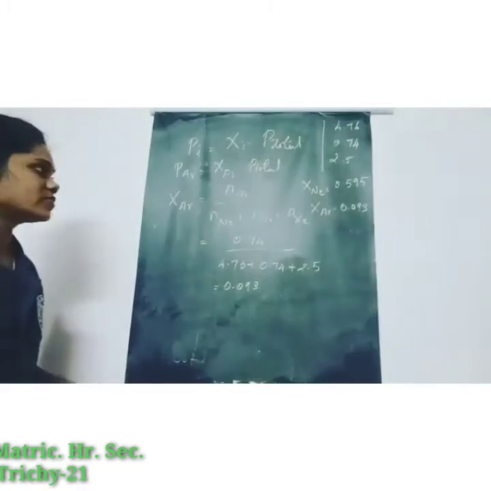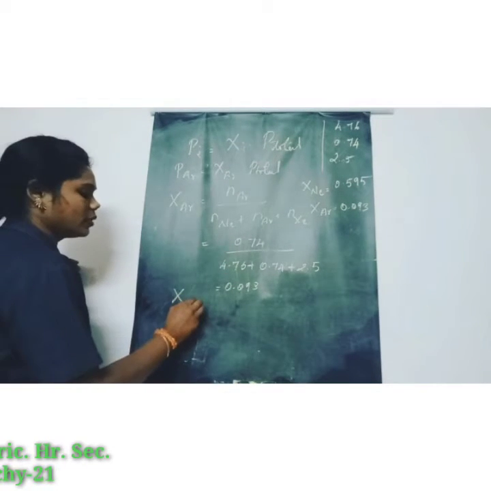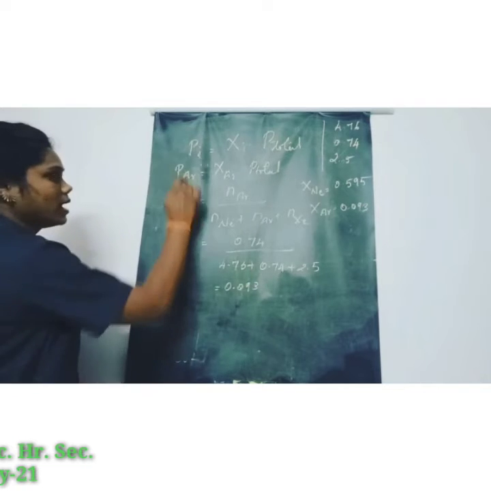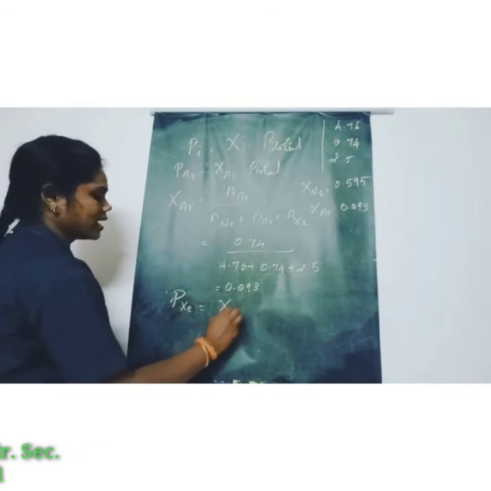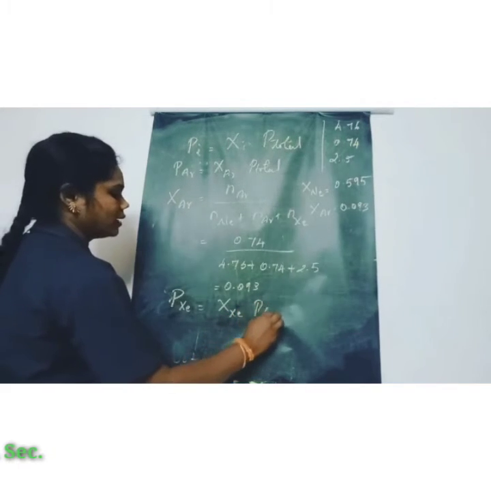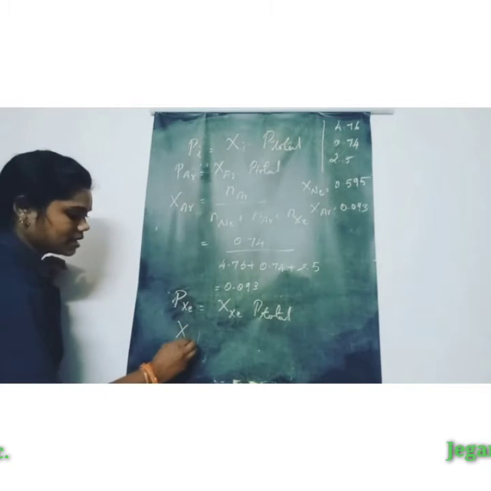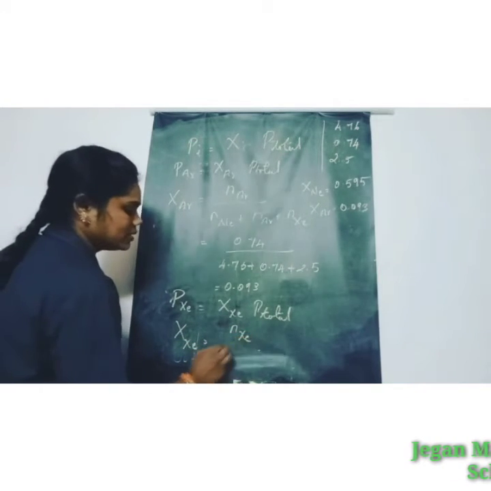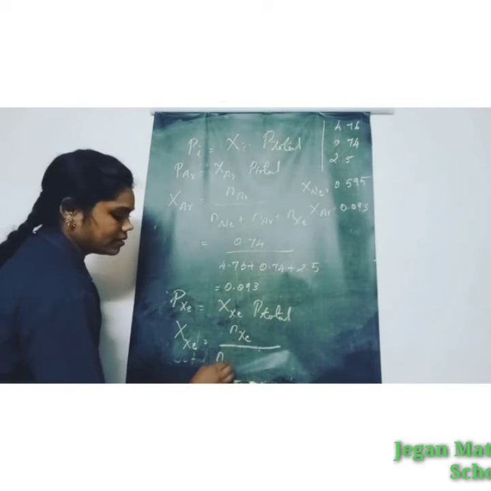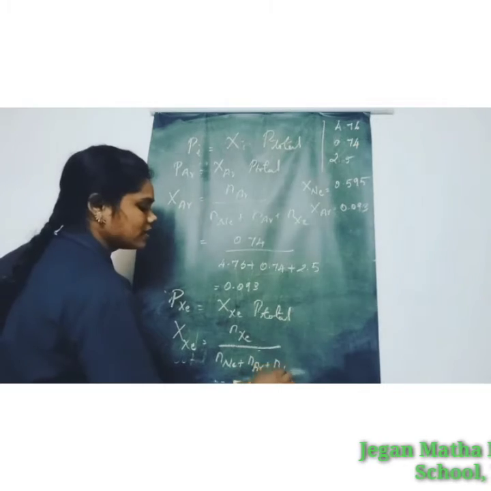So that is the answer, X argon is equal to 0.093. Okay. And the next one we want X xenon. So I write like this, P xenon is equal to X xenon into P total. Okay, here X xenon is equal to N xenon divided by N neon plus N argon plus N xenon.